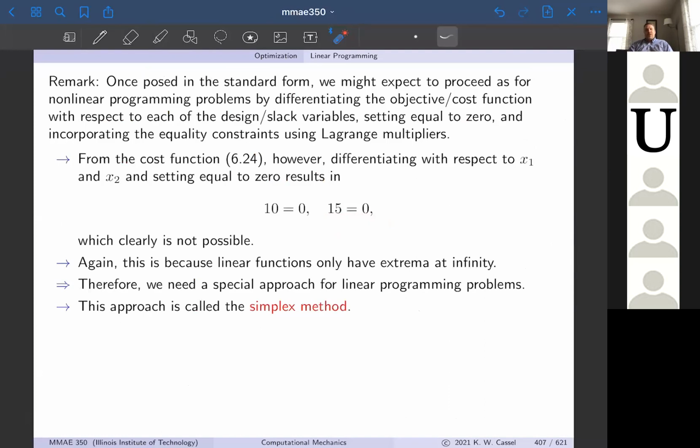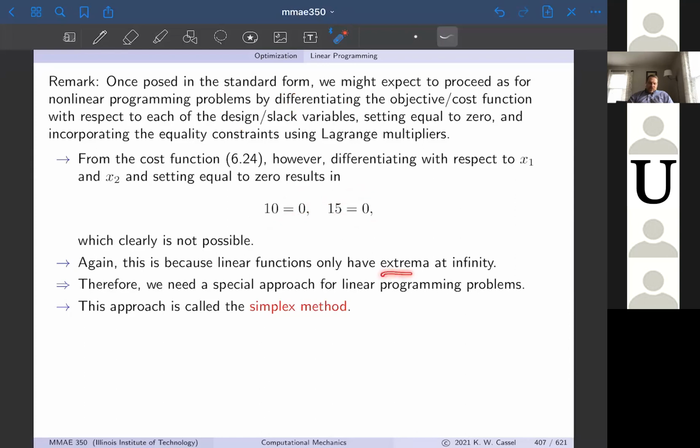And again, the reason is because we do not have a traditional function which has minima and maxima in the traditional sense. We need constraints. Constraints are absolutely necessary and integral to, no pun intended, because I don't mean integration in a mathematical sense, these linear programming problems. All right, so we have to throw that out. That's not going to work.